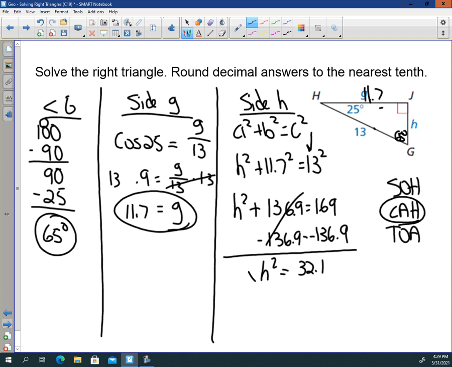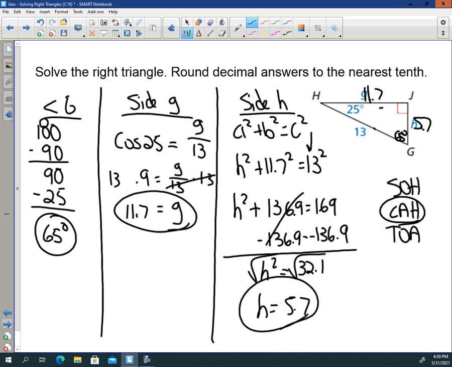And now I need to find the square root of both sides, and this problem will be done. H is on that side, and then the square root of 32.1 is 5.7-ish. And we're done. Because I found all side lengths and all angle measures.